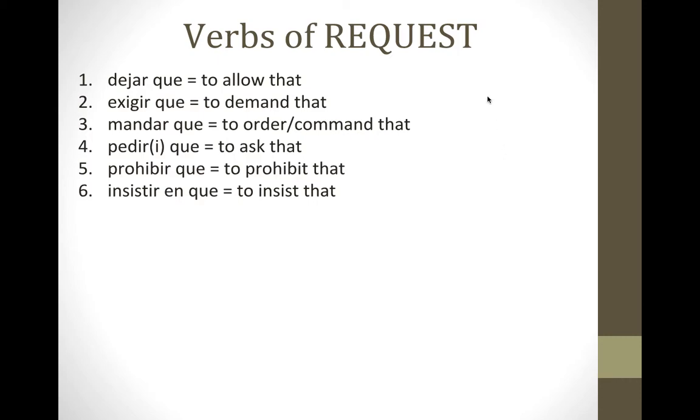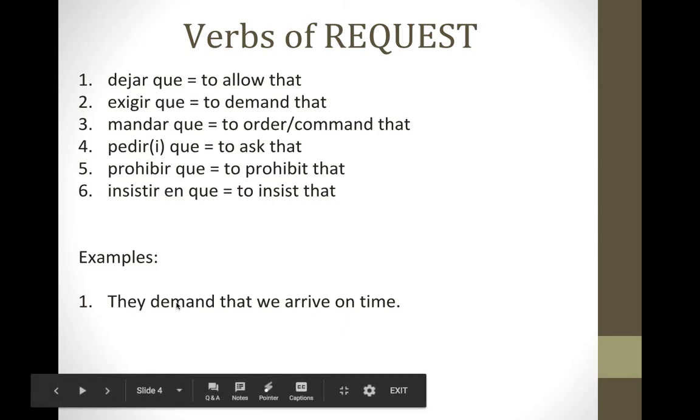Anytime one of these 6 verbs is your main clause verb and you have a change in subject, you're going to have to put your subordinate clause verb in the present subjunctive. Let's look at a few examples. Number 1 says, they demand that we arrive on time. Let's check.